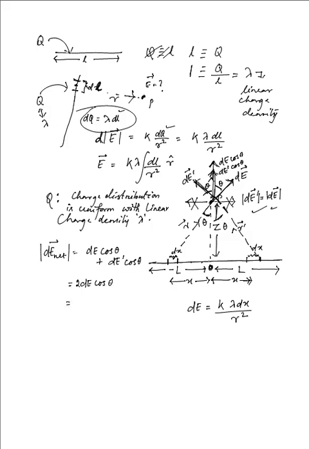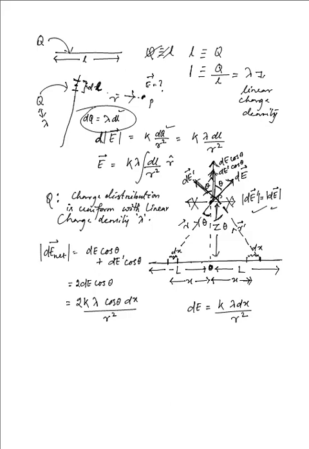Now it's not as easy as it looks, because the integration involves certain critical things over there. Now 2k, that is the value of dE, I'm putting it over there: 2k lambda cos theta dx divided by r squared.